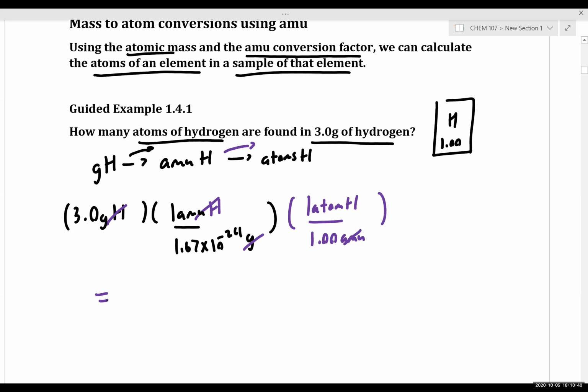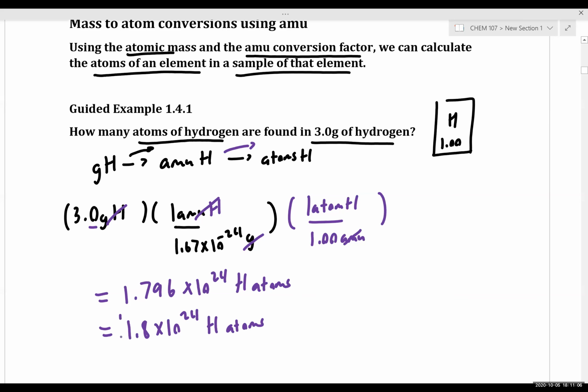If we punch this into our calculator, we have 3.0 over 1.67, and that gives us 1.796 times 10 to the 24th hydrogen atoms, which we round to 2 sig figs as 1.8 times 10 to the 24th hydrogen atoms. Does this make sense to everyone? Yes.